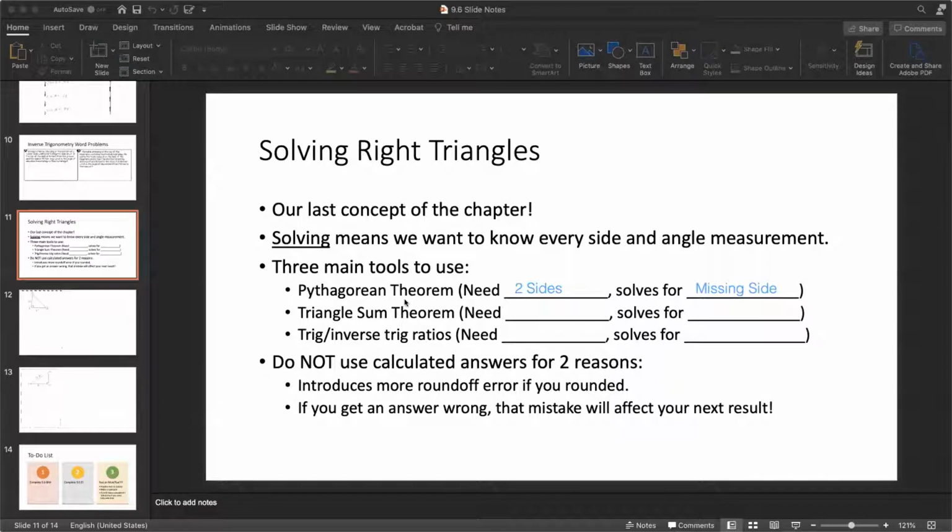The triangle sum theorem says that all the interior angles of a triangle add up to 180 degrees. So to use this one, we need two angles, and it lets us solve for the missing angle.